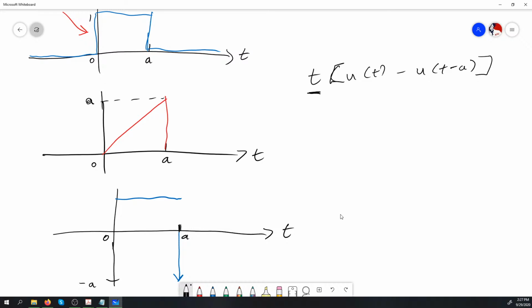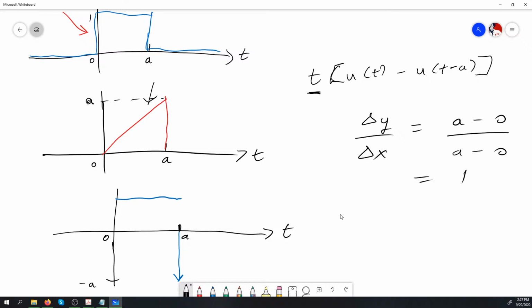So if we had a value of 3 in front of the t, that means we need to make sure that the gradient of the line is going to be 3. In calculating the gradient, it's the change in y divided by the change in x. Here, a minus 0 divided by a minus 0 gave us a gradient of 1.